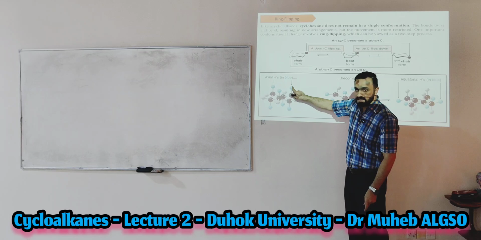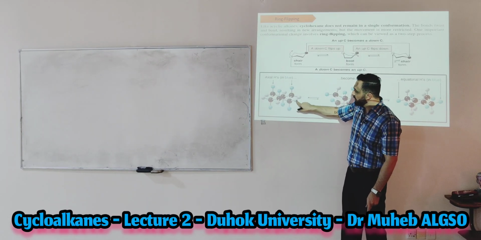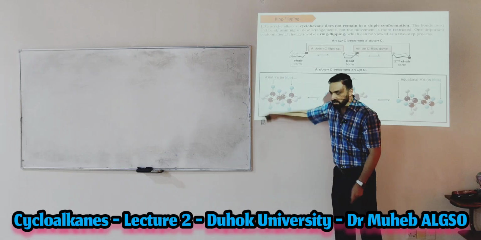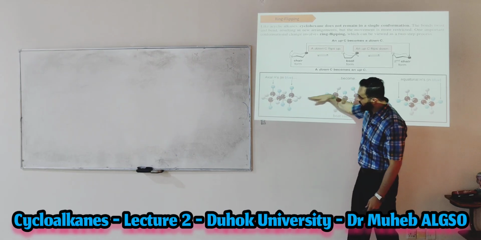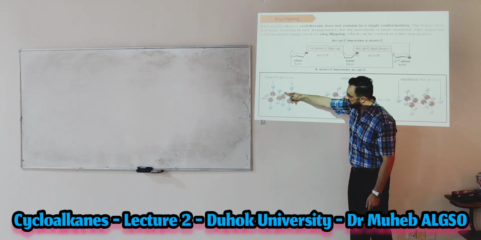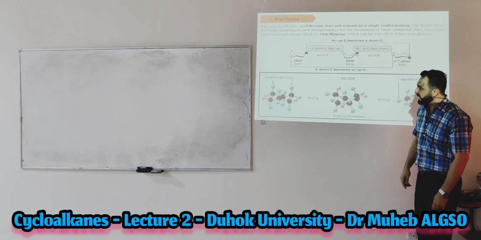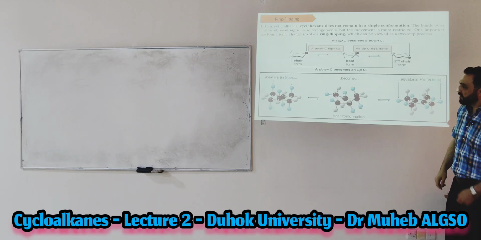One of them is axial, with the blue color, for example, and with the white color it will be equatorial. Look at this equatorial with the plane of the molecule. This white hydrogen, white hydrogen, white hydrogen, with the plane of the molecule.